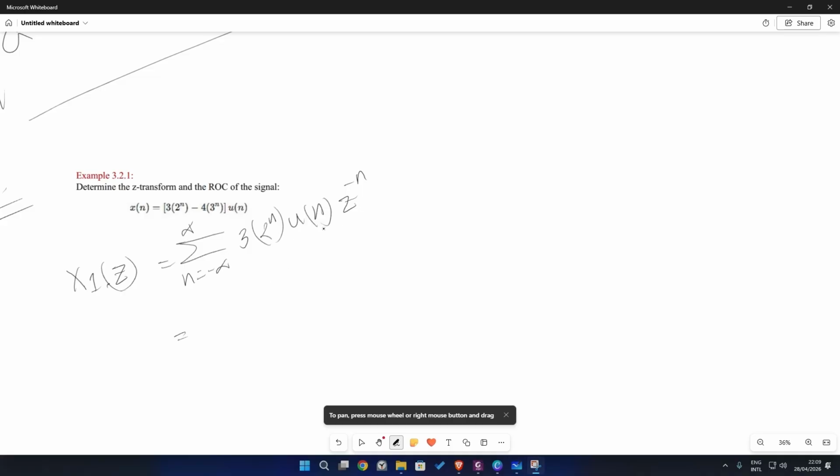We know the term, we have already faced it. This is our a and this is our z inverse to the n, so it can be simply written as 3 into 2 z inverse to the n.